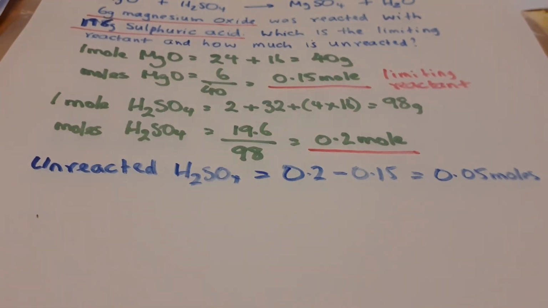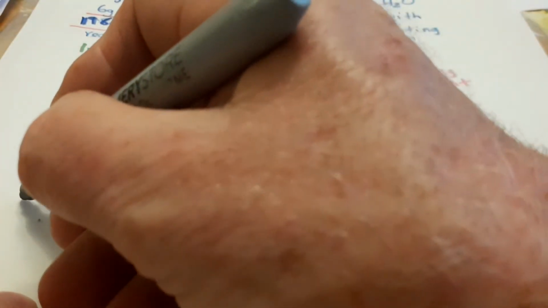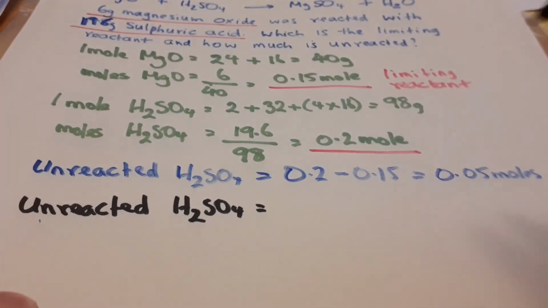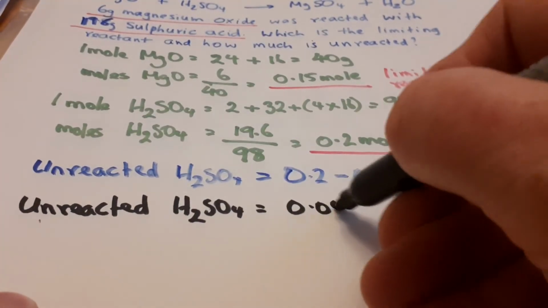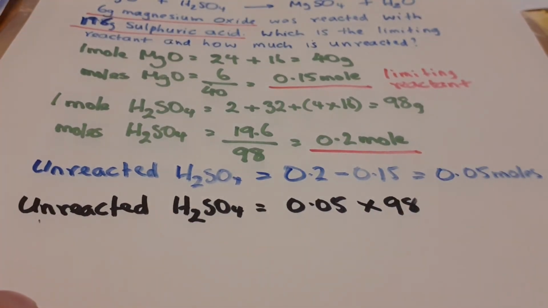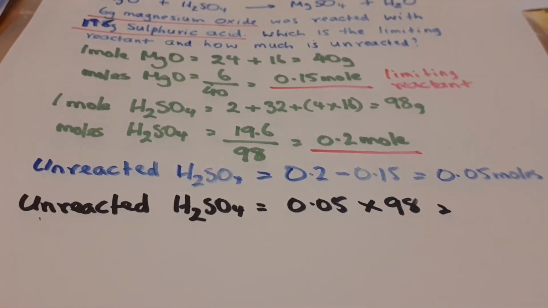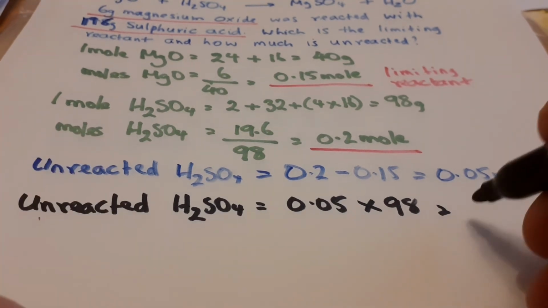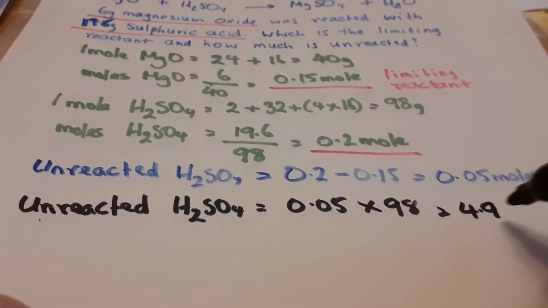So, unreacted sulfuric acid will be the number of moles, 0.05, times the mass of 1 mole, 98. Now, 0.05 times 98 equals 4.9 grams.